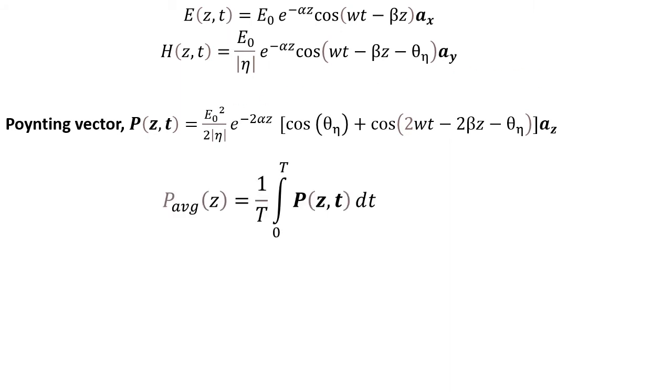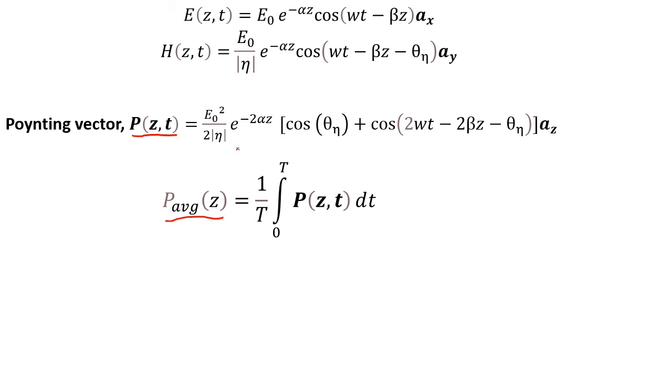Next is to get the average value. Here it is a function of z and t. So to get the P average, the significance of this term is that it has different forms. One is the Poynting vector, a function of both z and t. Here this is the time average Poynting vector. For that you take 1 by T integral 0 to T of P(z,t).